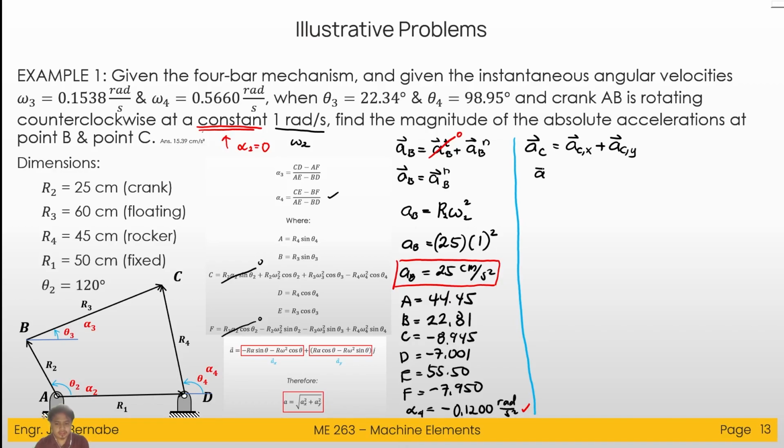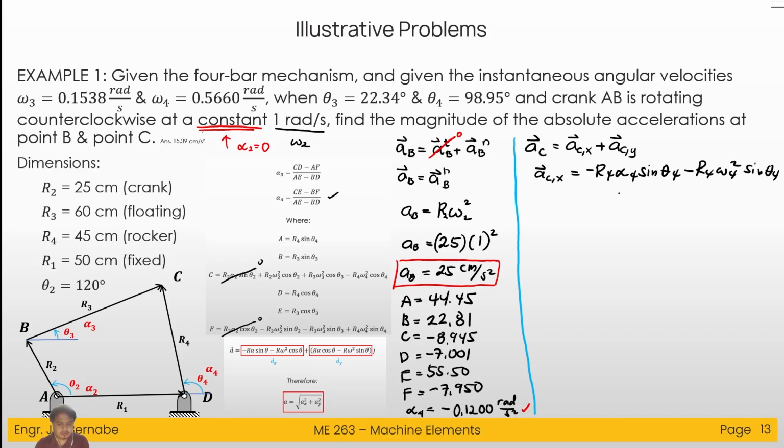So we know that the x component is equal to negative r4 alpha 4 sine theta 4 minus r4 omega 4 squared sine theta 4.